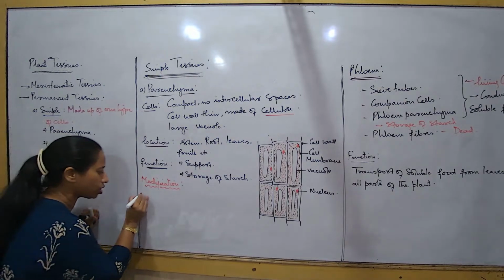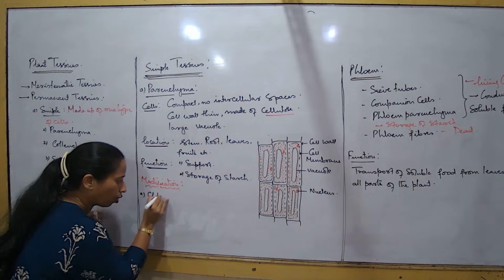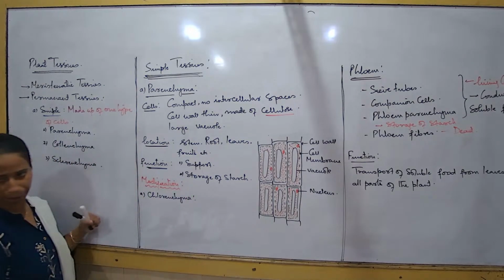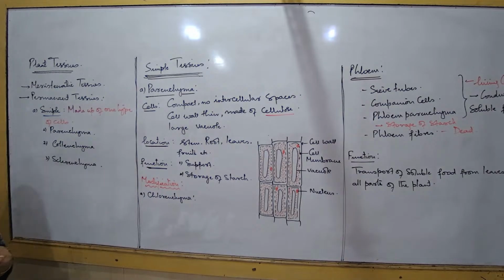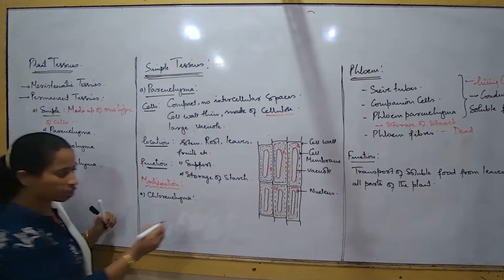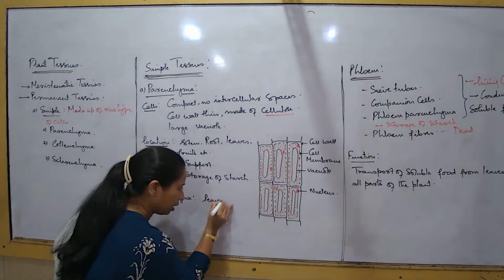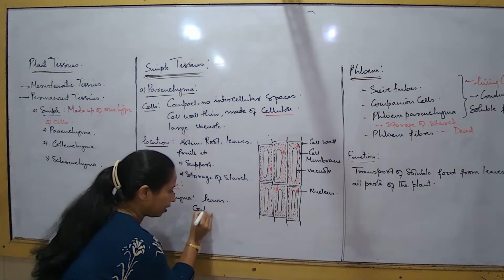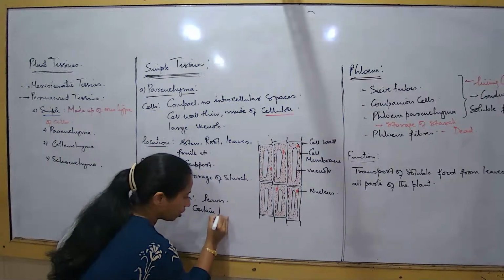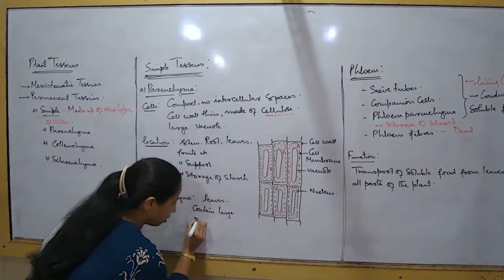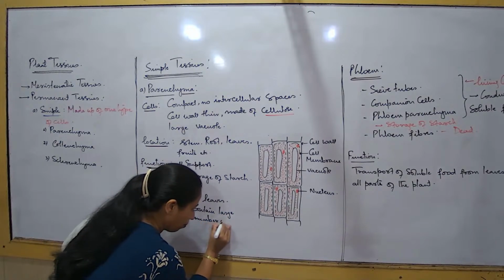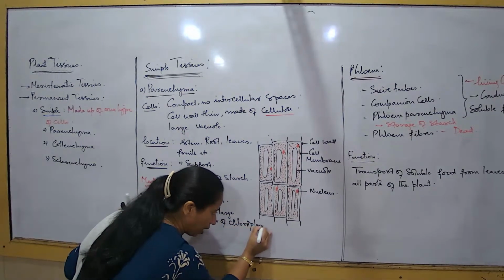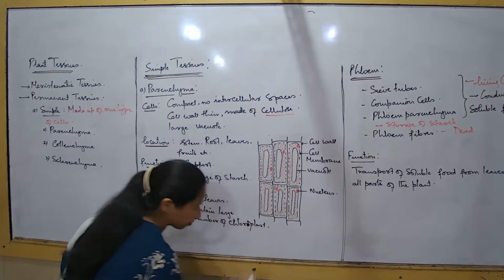Which are those modifications? I talk about chlorenchyma, a type of parenchyma, a modification of parenchyma. What is the location of such type of parenchyma? They are present in the leaves. What is so special in them? They contain a large number of chloroplasts. If they contain a large number of chloroplasts, then what will be their special function?